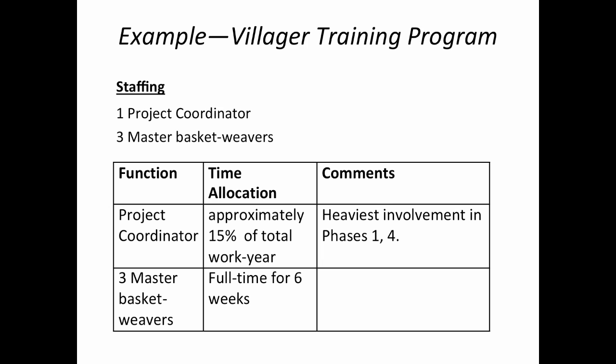Here's the staffing. What's important here is that we not only say who's going to do it, we have a coordinator and we have the master basket weavers. The point of the chart here is to show how much time each person is going to spend on the project.